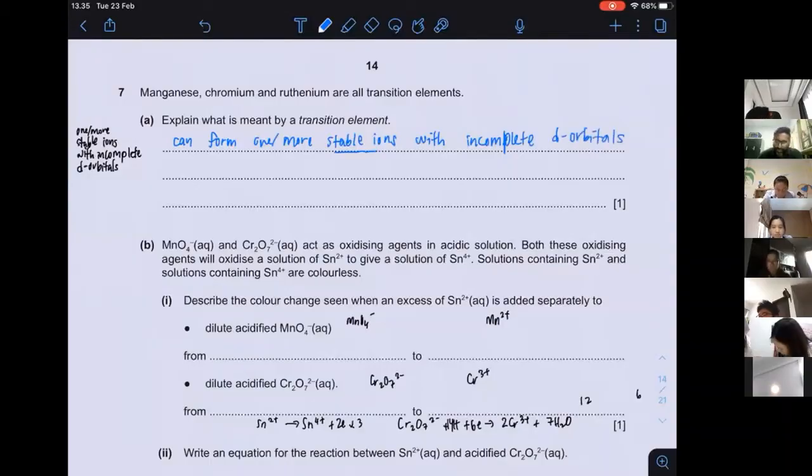Please take note, there are two things: incomplete d orbitals and stable ions.